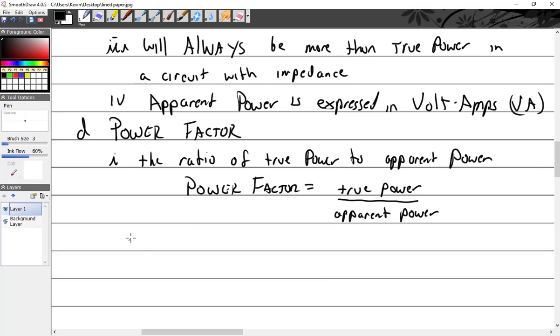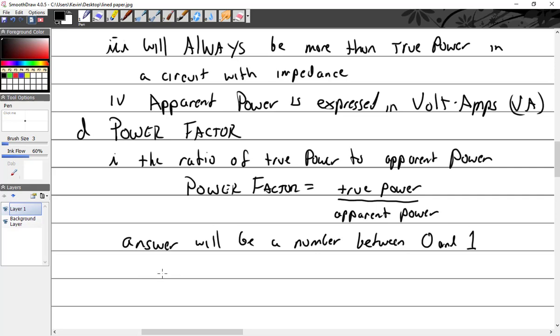Your answer will be a number between 0 and 1. So what if your answer is 2?